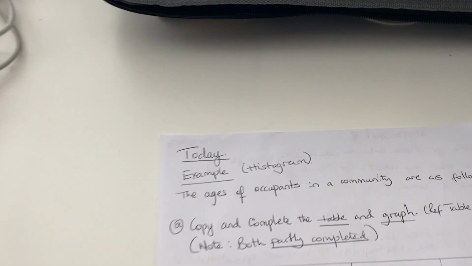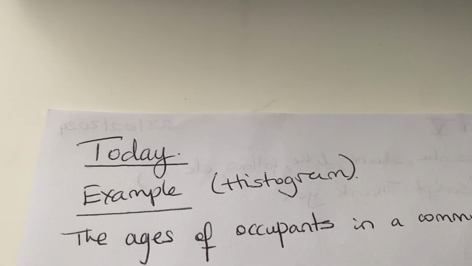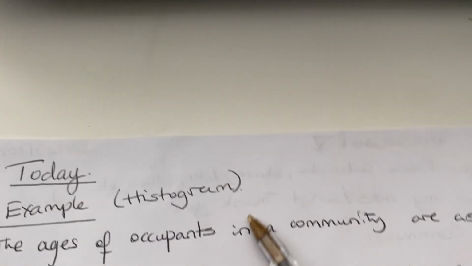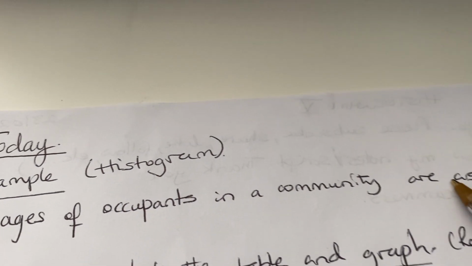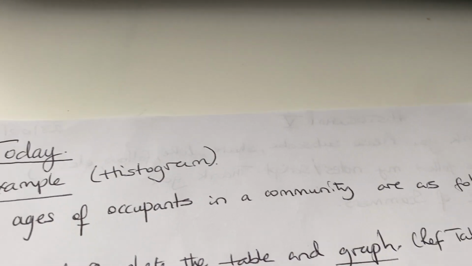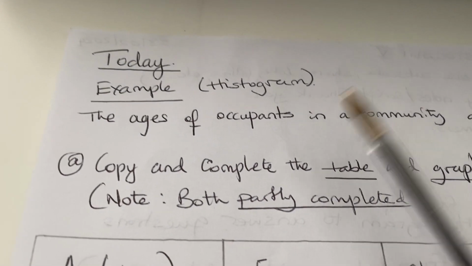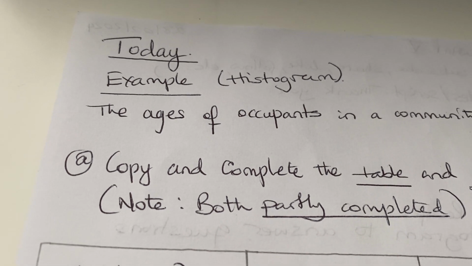Now today we are looking at more histograms. The ages of occupants in a community are as follows. So here you are talking about ages.